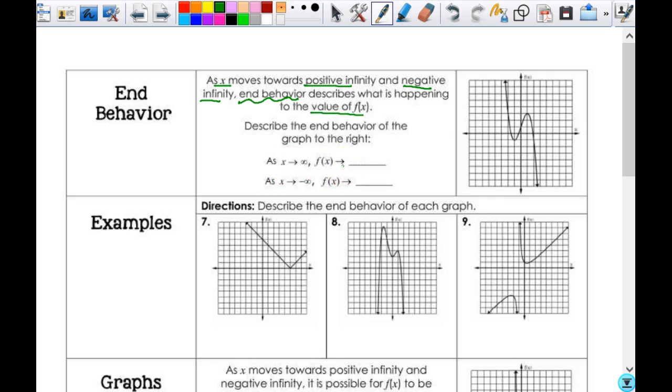So when I look at this, as my x's are getting bigger and bigger, so as x approaches infinity, what is the value of f of x approaching? Negative infinity. Good. And as x approaches negative infinity, so as my x values are getting smaller and smaller, the value of f of x is approaching what? Infinity. Okay. Does that make sense to you?